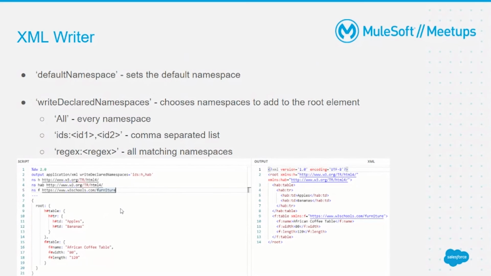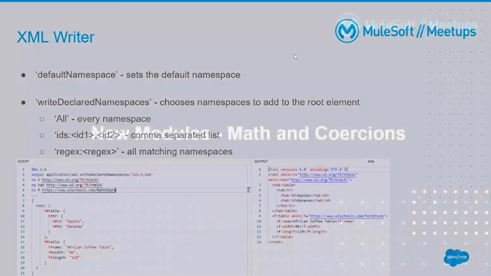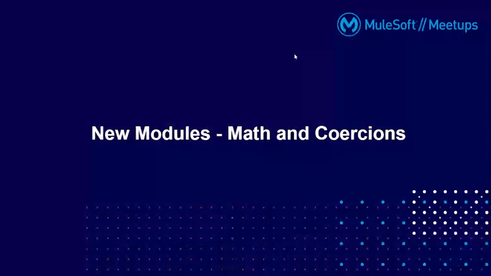The write declared namespaces option is pretty flexible. You can write every namespace you have declared. And as a reminder, over on the left here is how to declare a namespace in the DataWeave format. So you have this NS in the DataWeave header, and you can write all of them, write specific ones with a comma separated list of IDs, or you can even set up a regex to match specific namespaces that you want to write in.